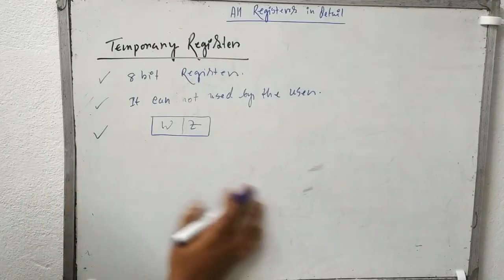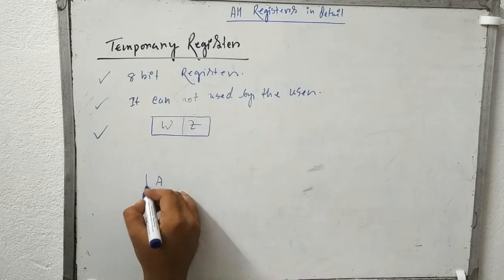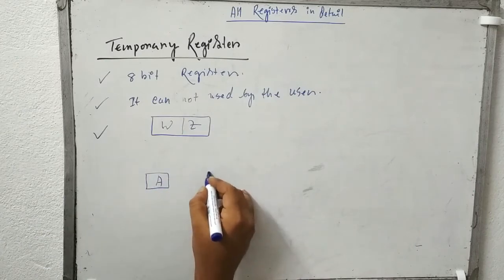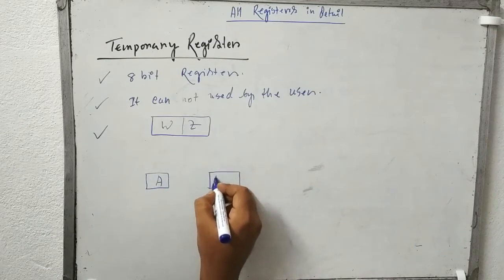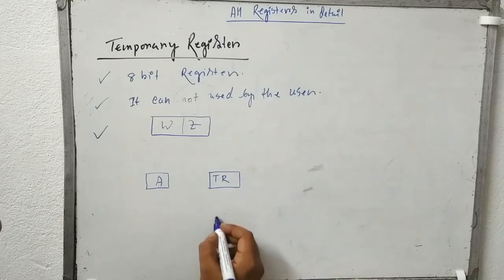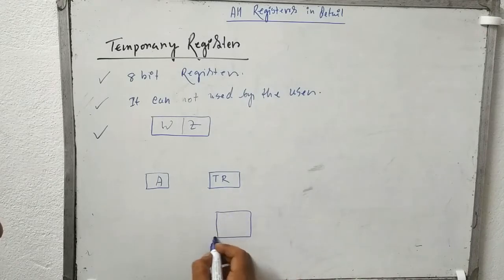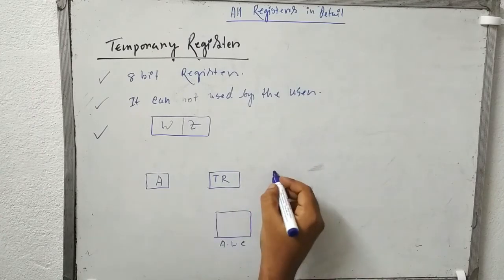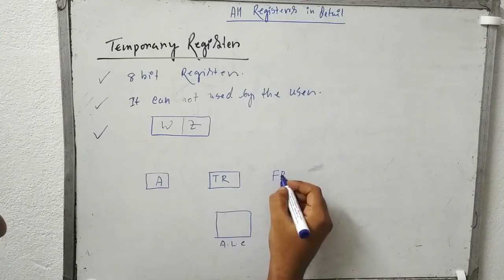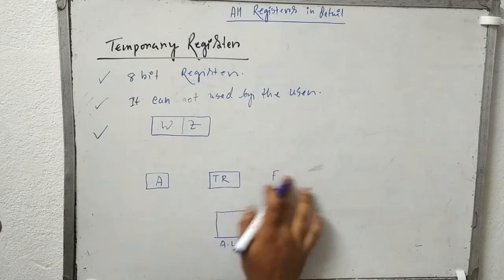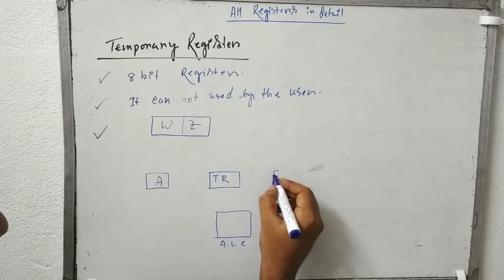Let's draw one circuit. Accumulator, temporary register, TR, temporary register. There is one ALU, an arithmetic logic circuit, and there is a flag register.